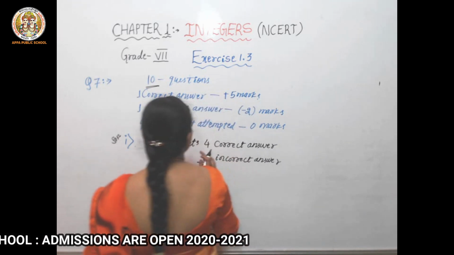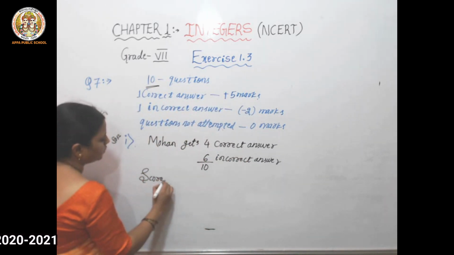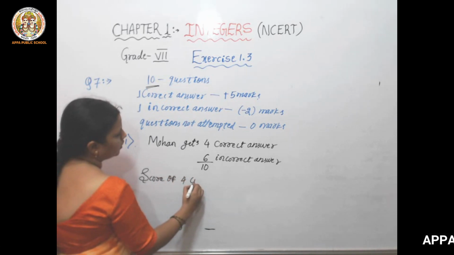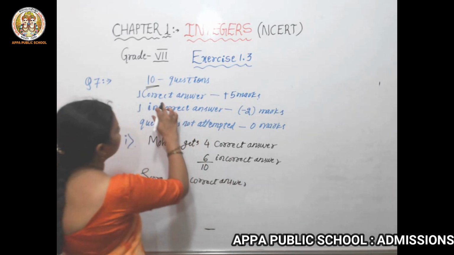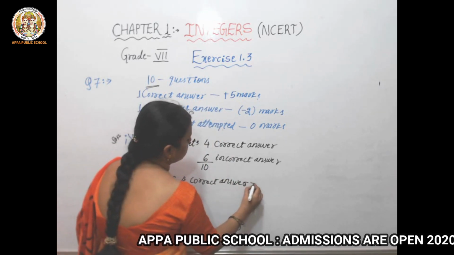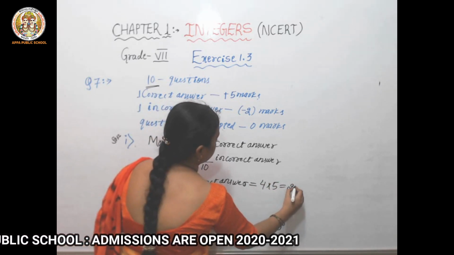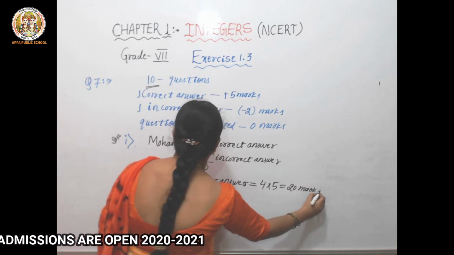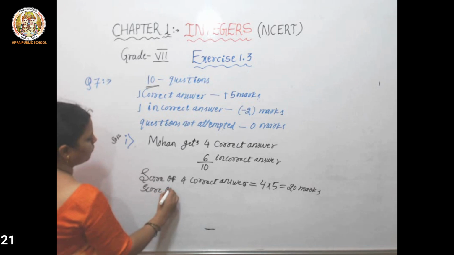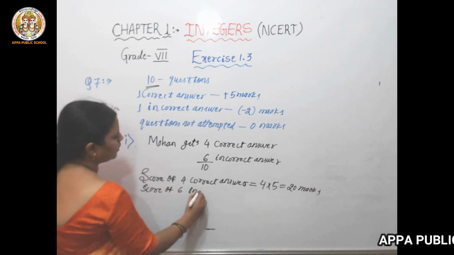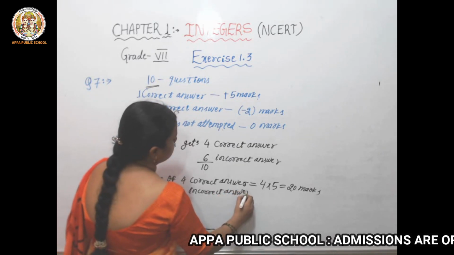First, calculate the score of 4 correct answers. Already you know the score of 1 correct answer is 5 marks. So for 4 it is 4 into 5, which is 20 marks. Next, the score of 6 incorrect answers.